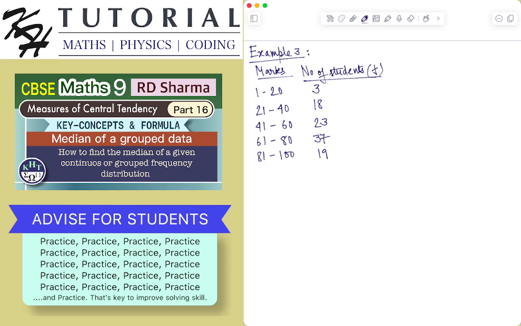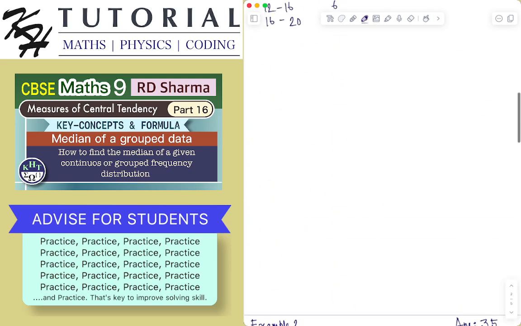So this is an example where the class intervals are inclusive or discontinuous. Inclusive, why? Because for the class 1 to 20, both the values 1 and 20 are included. In the class 21 to 40, both the values 21 and 40 are included.